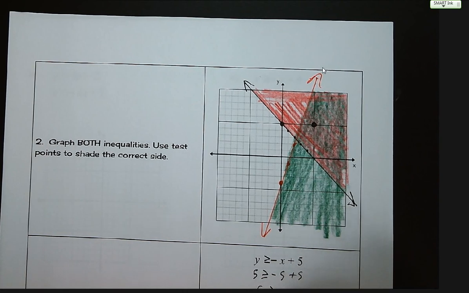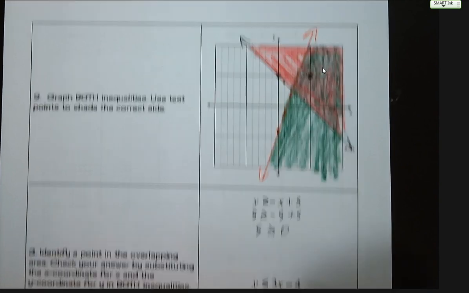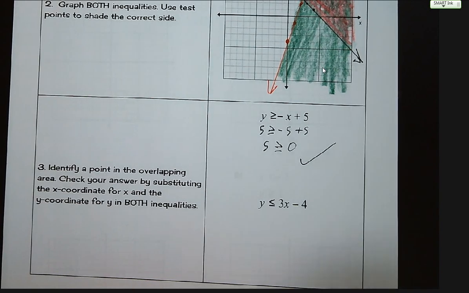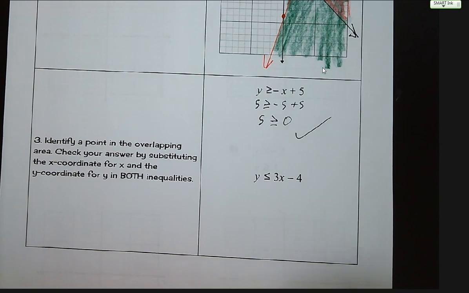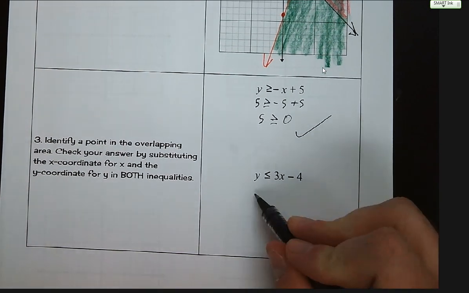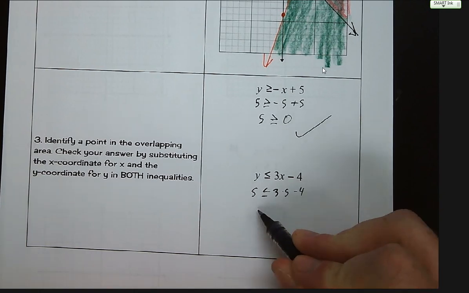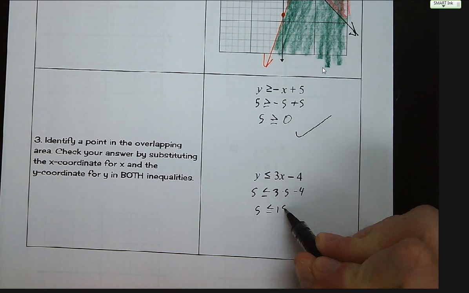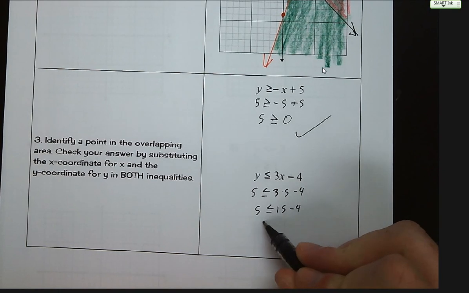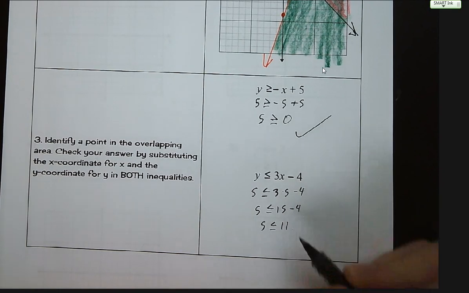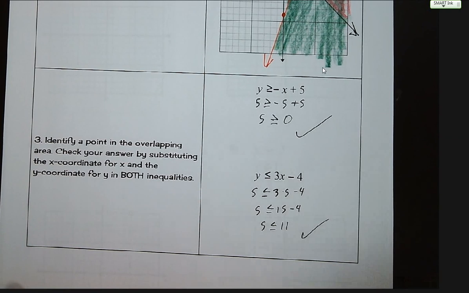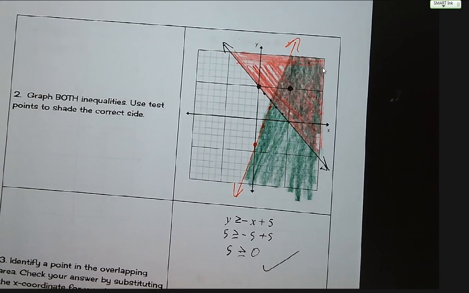So is 5 greater than 0? Yes, it is. All right, our second equation, we have 5 is less than or equal to 3 times 5 minus 4. That's 15 minus 4. So is 5 less than 11? Yes, it is. So we have the region shaded correctly.